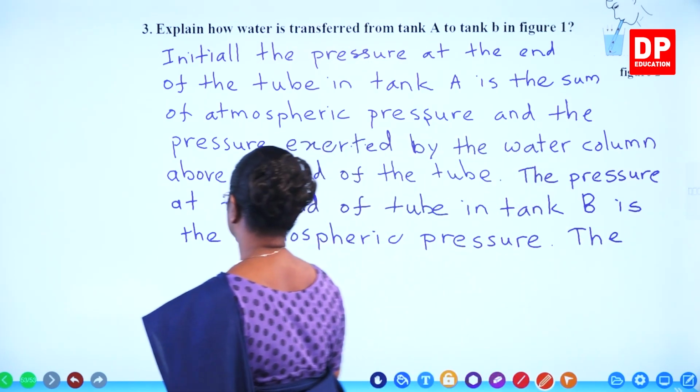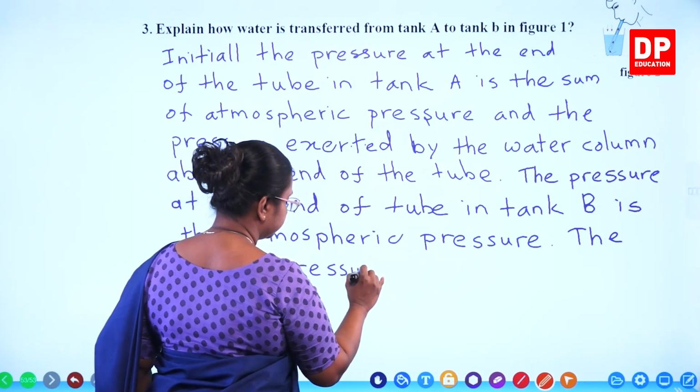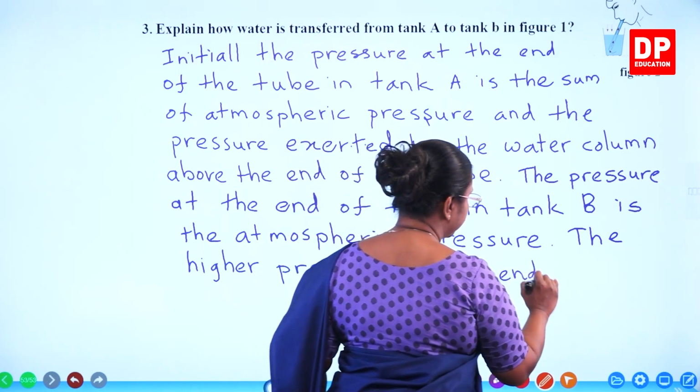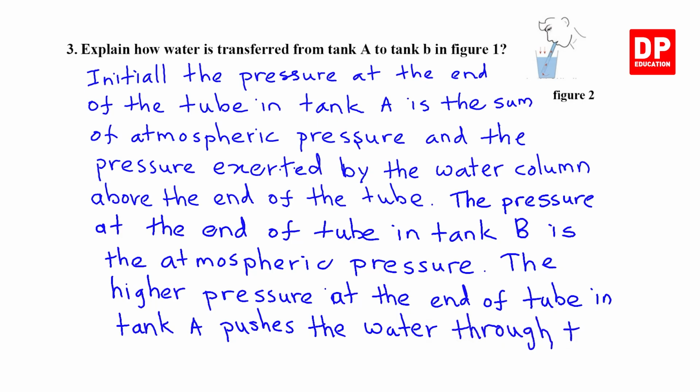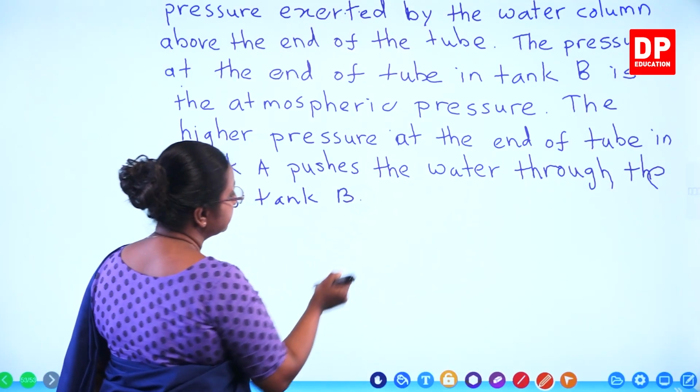The higher pressure at the end of the tube in tank A pushes the water through the tube into tank B. So that is the method that is known as siphon method.